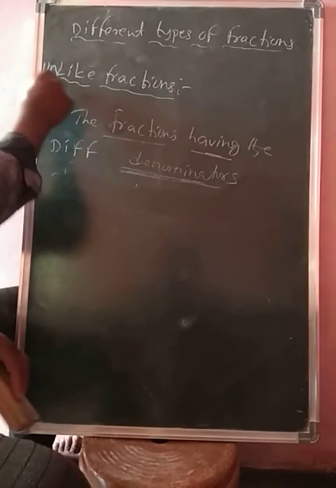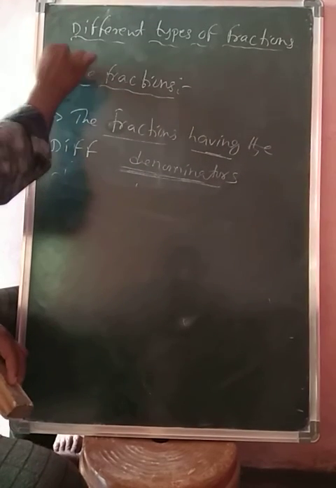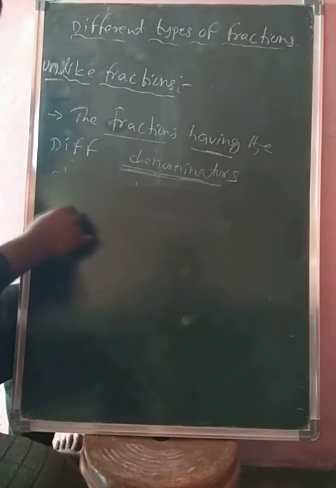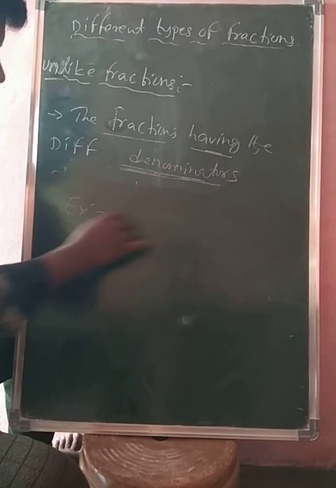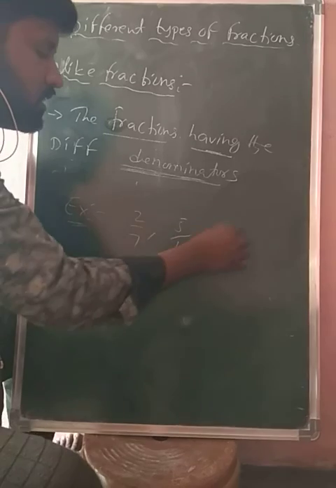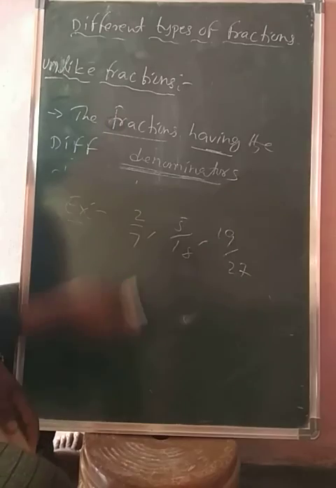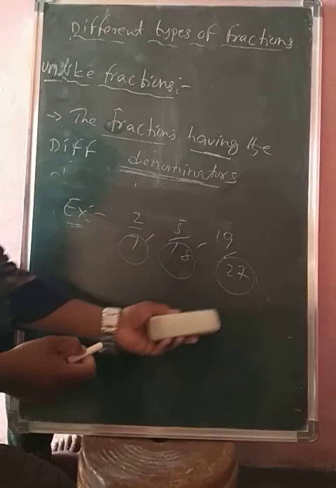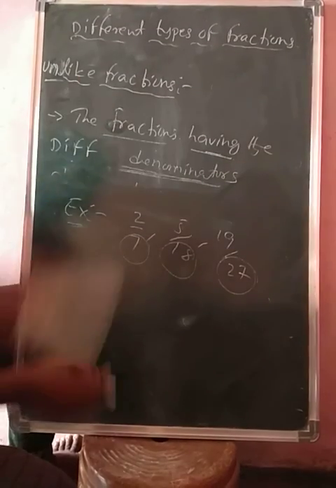Unlike fractions. Just now we discussed like fractions, now unlike fractions. So examples: 2 by 7, 5 by 18, 19 by 27. Clearly the denominators are not the same, they are different. So these are unlike fractions.